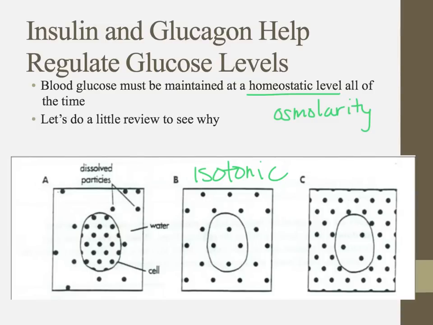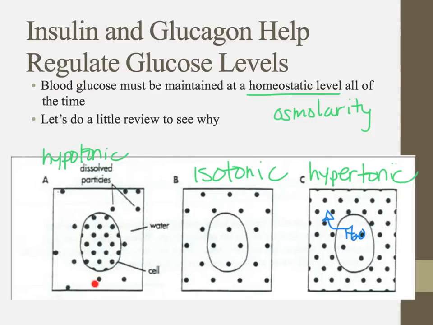If there is too much glucose in our blood plasma compared to the cell, then our blood plasma becomes hypertonic, and that glucose forces water to move out of the cell via osmosis. This red blood cell is going to shrivel up and it's not effective anymore. If our blood glucose levels drop and our plasma has very little glucose in it compared to the cell, then this becomes a hypotonic blood plasma situation.